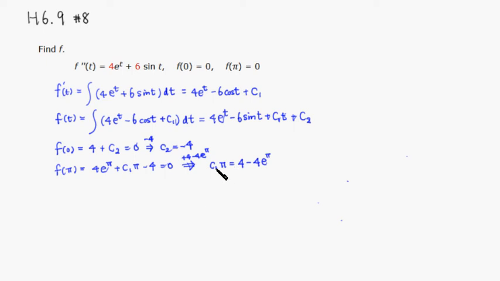Then we divide through by pi. So c1 is equal to, maybe we can factor out 4, then you have 1 minus e to the pi, and then you divide by pi.